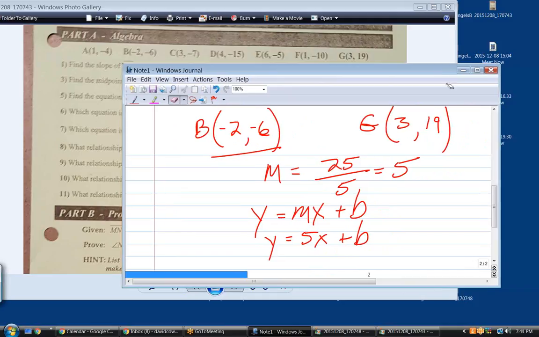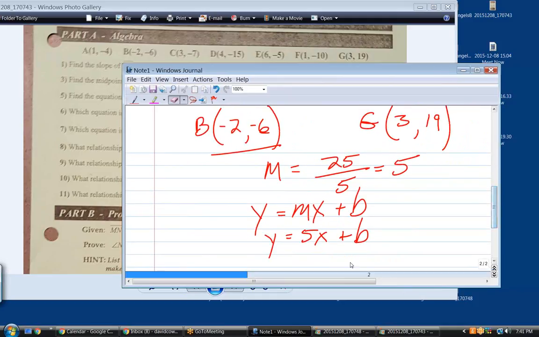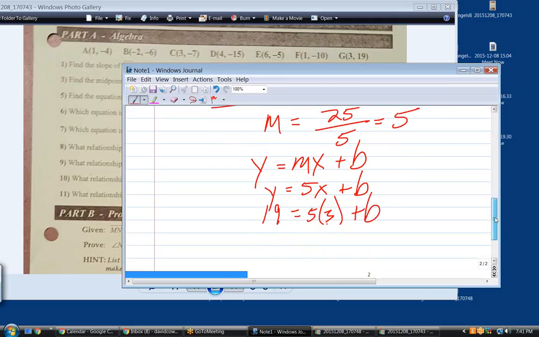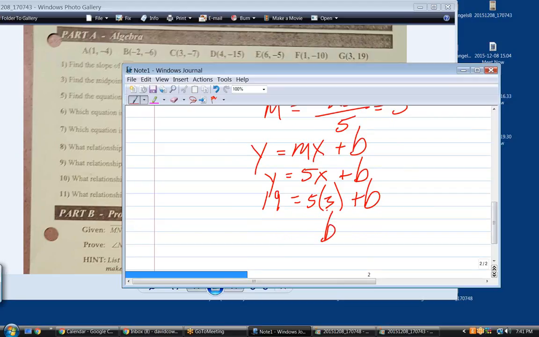And I like positive numbers even more than I like small numbers. So I'm going to plug in 19 for y. I'm going to plug in 3 for x. And now when I solve for b, I get b equals 4. So now I'm just going to take that equation, change 4 for b, and there's my equation of the line.